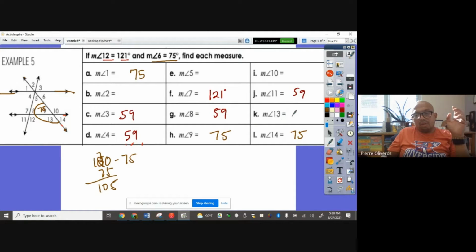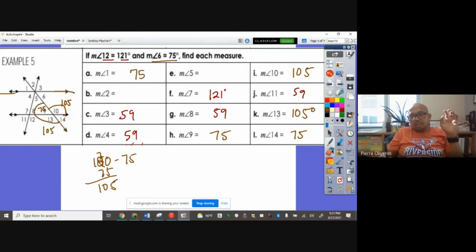So therefore, angle 13 is 105 degrees. If angle 13 is 105, we know that angle 10 is also 105 because they are vertical angles. Okay. So now we know that angle 6 is 75 degrees.